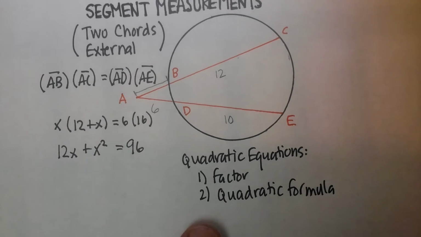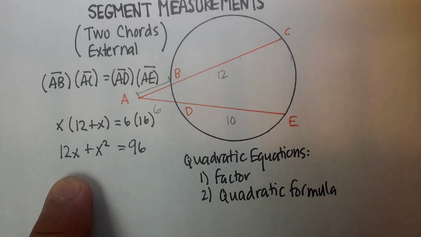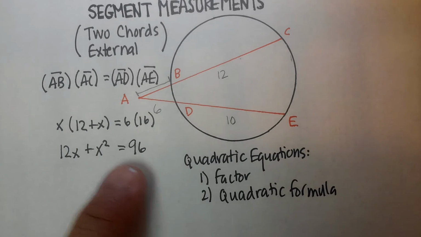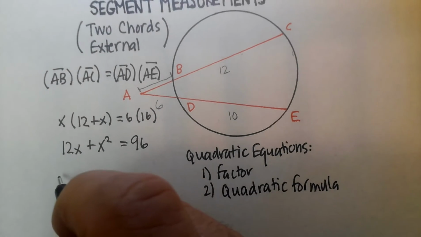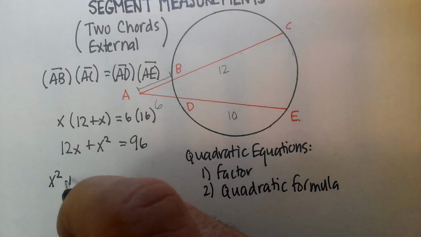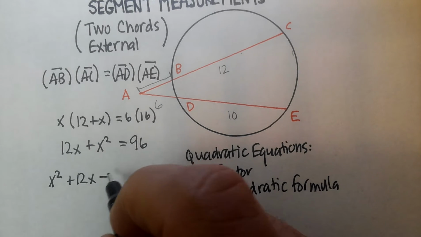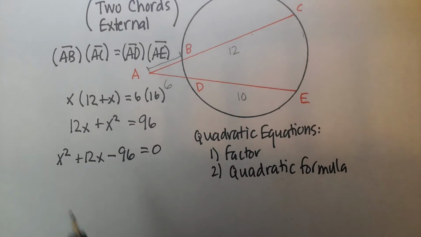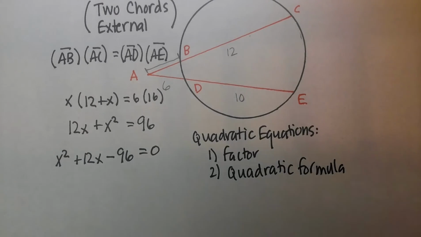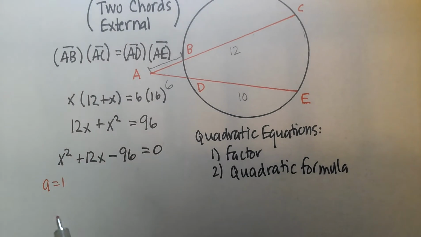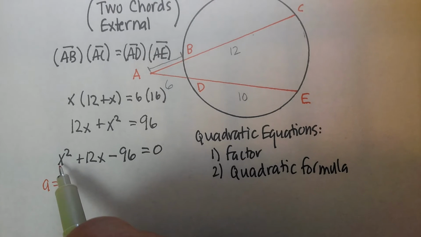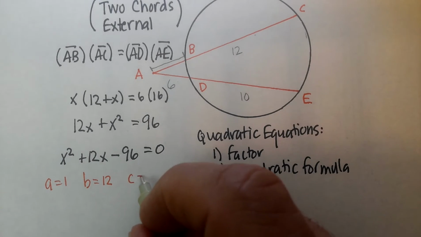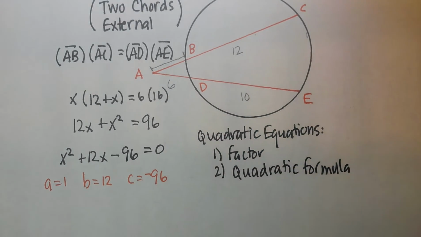Now, in order to use the quadratic formula, we need to put this in standard form. And remember, that's x squared, quadratic term first, linear term second, constant third, and you make it equal to 0. So we're going to say x squared plus 12x minus 96 is equal to 0. And from this we know that a is equal to 1, the coefficient in front of the quadratic term, b is equal to 12, and c is equal to a negative 96.